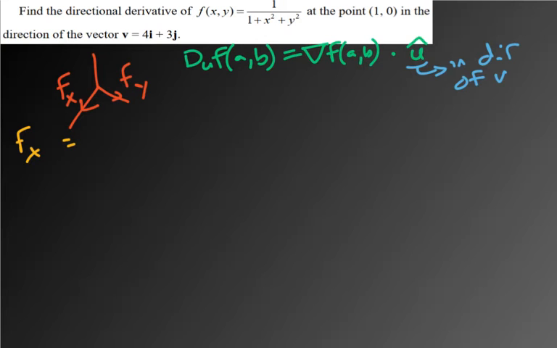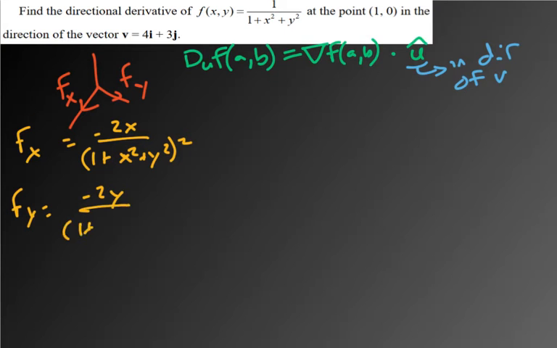But whatever way you want to do it, you'll have a chain rule in there. So this will be 1 plus x squared plus y squared, now raised to the power 2. And then f with respect to y is very similar, except it'll be a negative 2y on top, over (1 + x² + y²)².